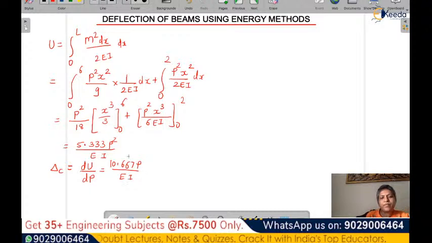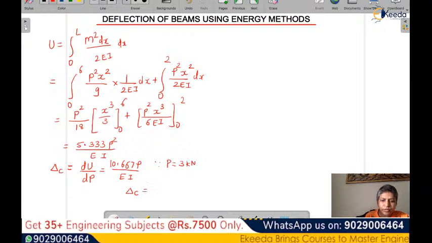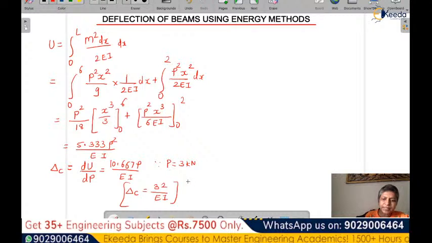Now let us substitute P equal to 3 kilonewton. Then our answer becomes delta C equal to 32 by EI. So this is the deflection at point C.